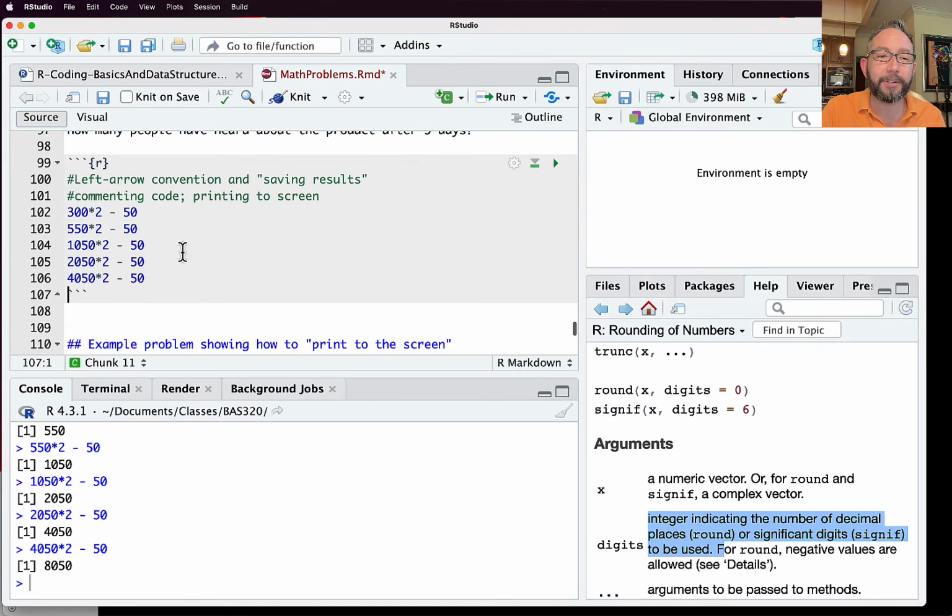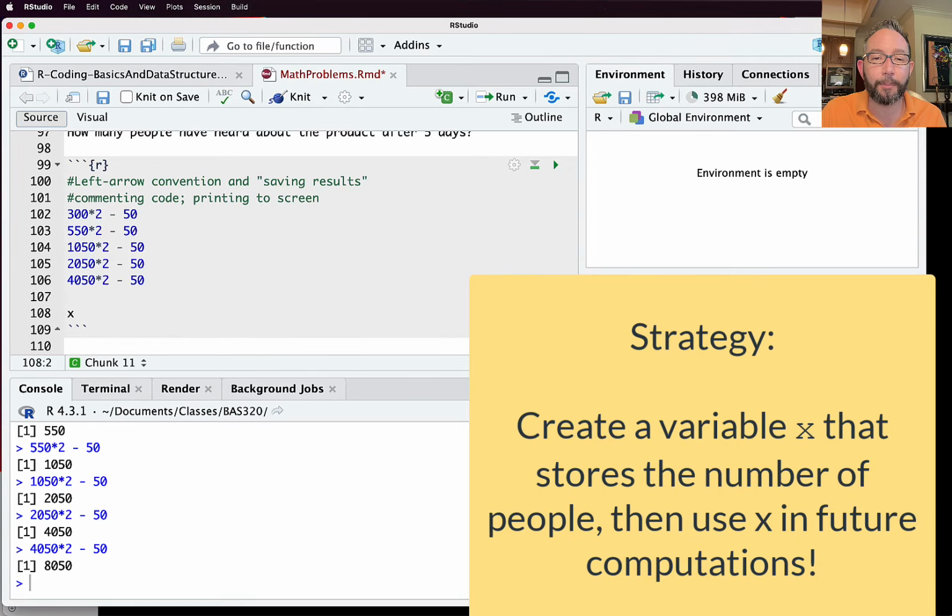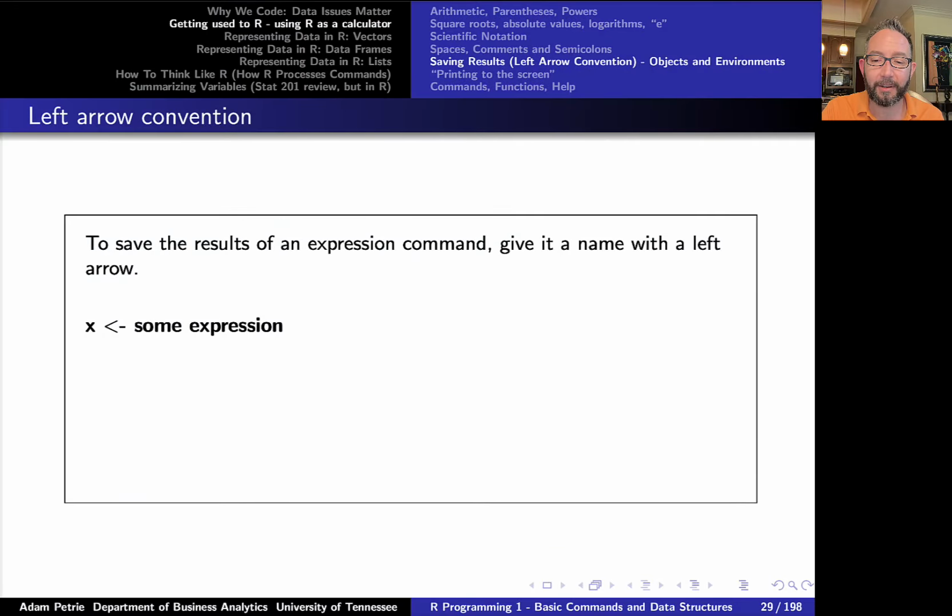So why don't I create a variable x that stores the number of people that have heard about this product? So I would like to essentially take the number 300 and create a variable x that contains that value. How do I do this? Well, what we're going to do in R is to use the left arrow convention.